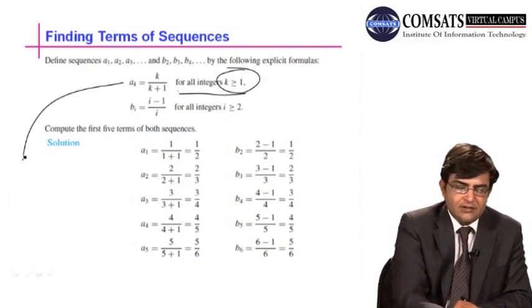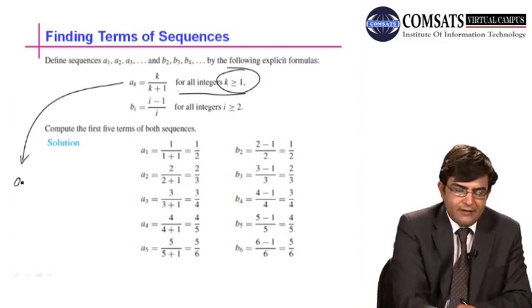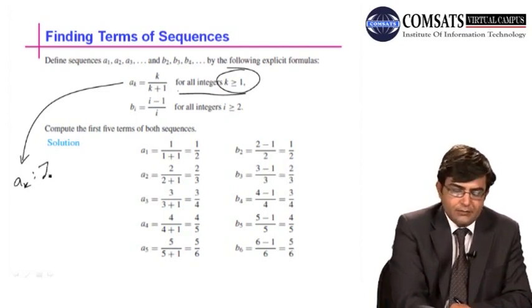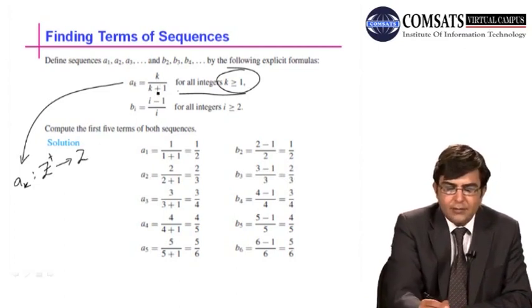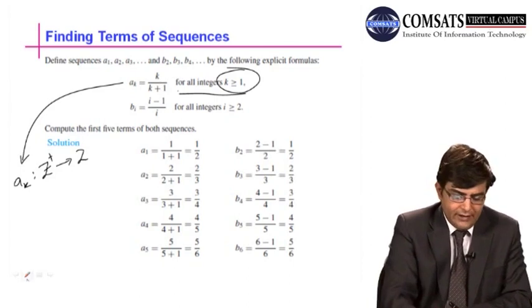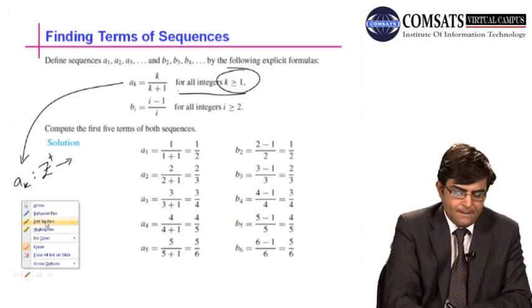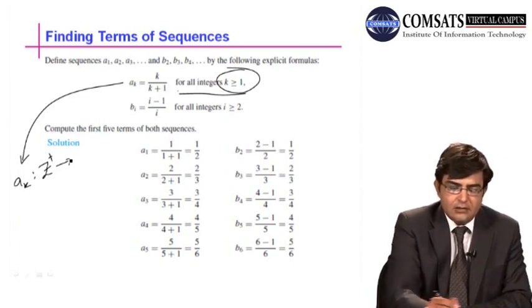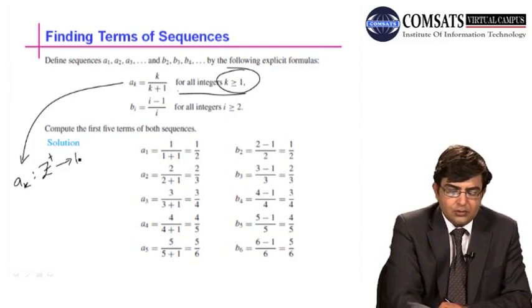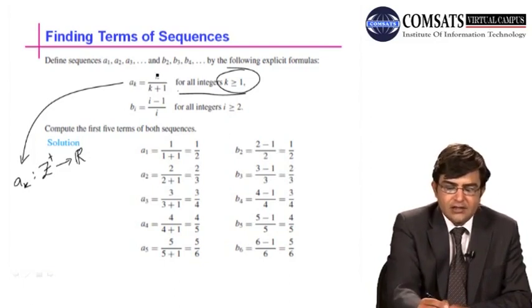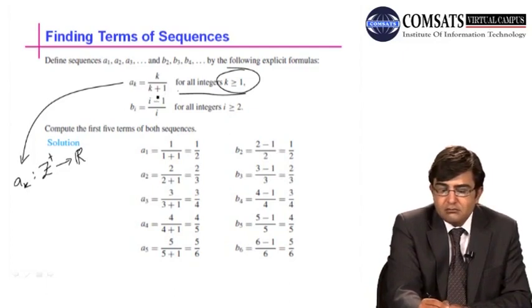For example, this is a function a_k from Z plus to, it may be some rational number, so we can say to R, because this number could be a non-integer.